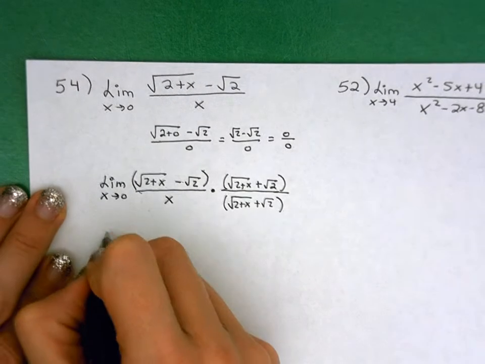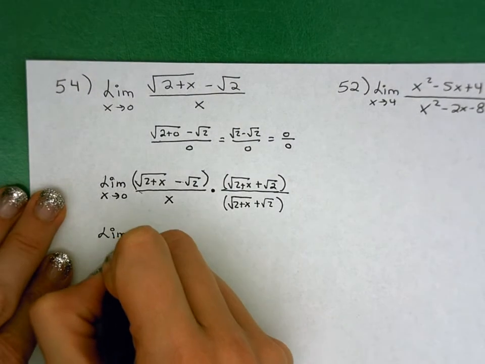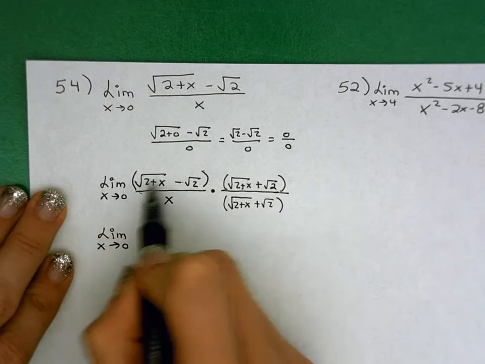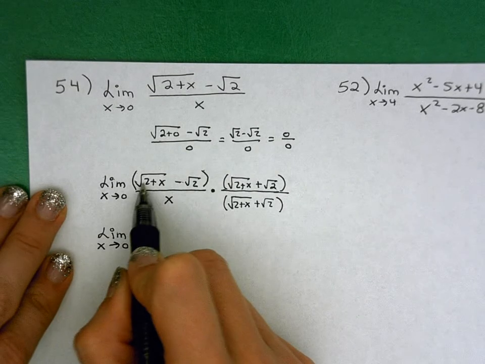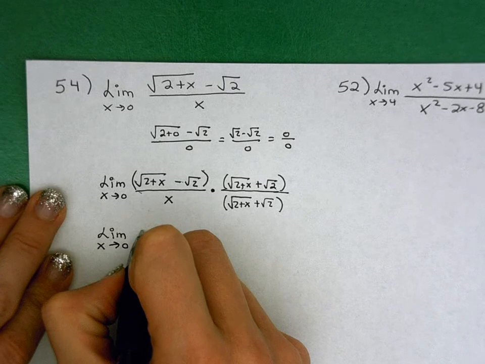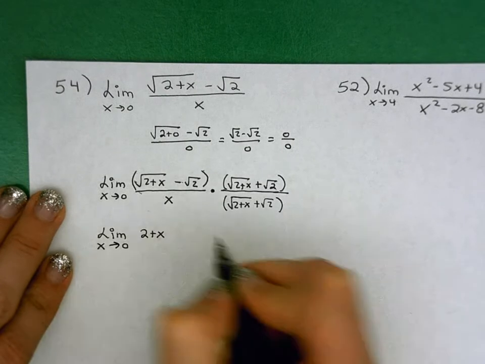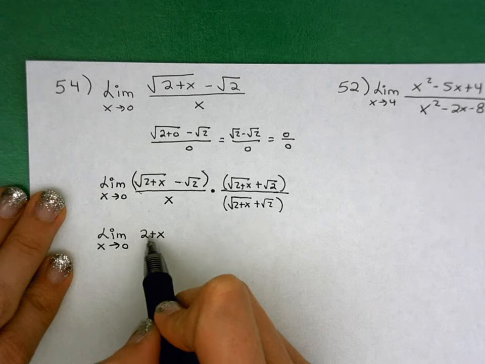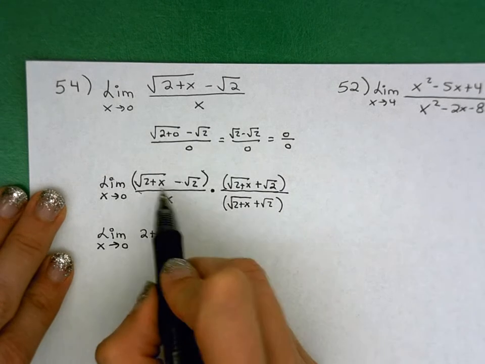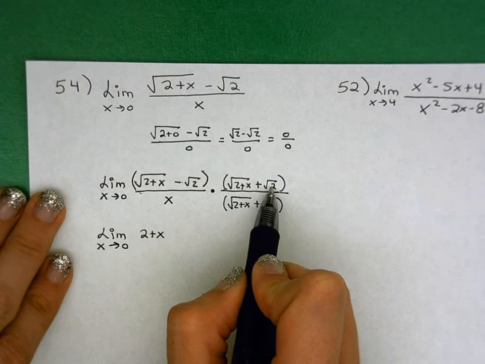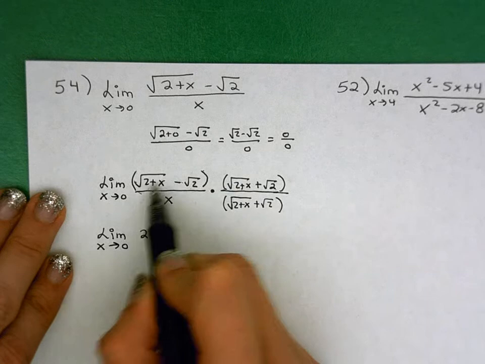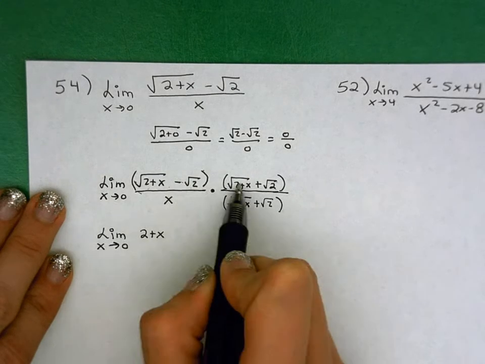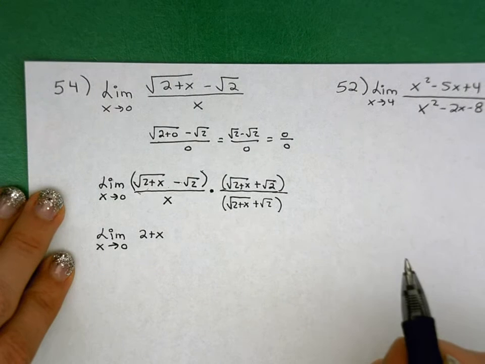Now we can take the next simplification step. Limit as x approaches 0 of, we're going to FOIL this because it's a conjugate. Root 2 plus x times root 2 plus x, and we get 2 plus x. Then we do our outside times our inside, but the nature of a conjugate is that they end up canceling each other out.